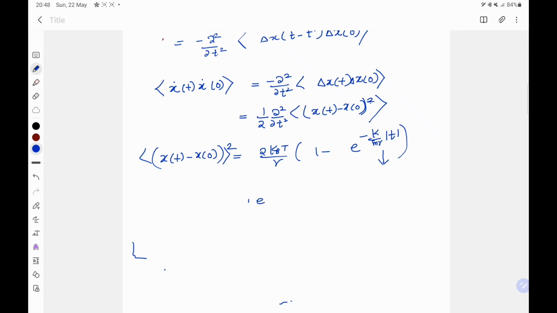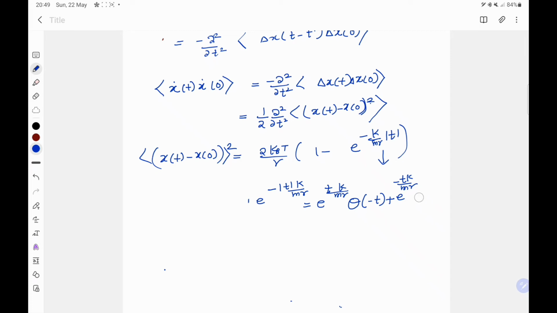So e to the power minus mod t over k over m gamma can be written as e to the power t k over m gamma theta function for negative t, plus e to the power minus t k over m gamma for the theta positive.